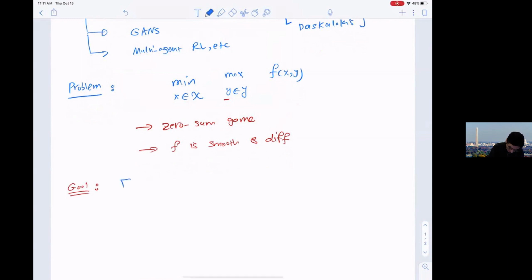So I want to find, let's say, x star, y star. It is called a global solution or a global saddle point or a global equilibrium.